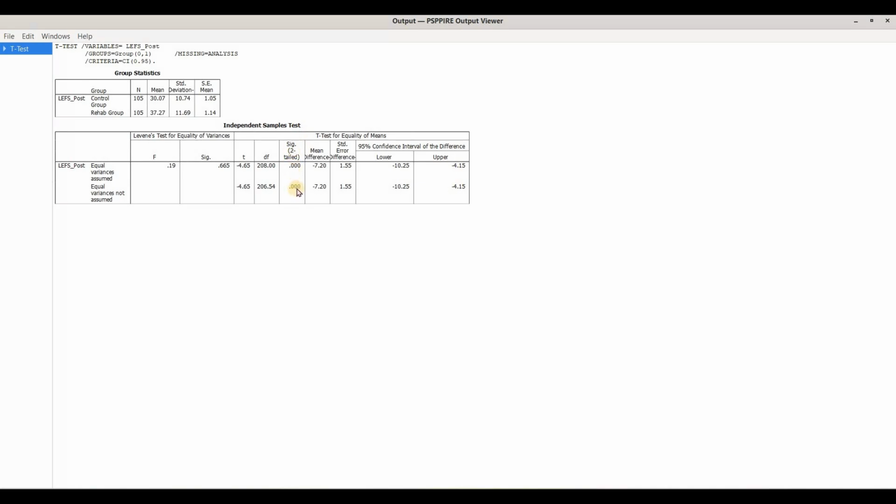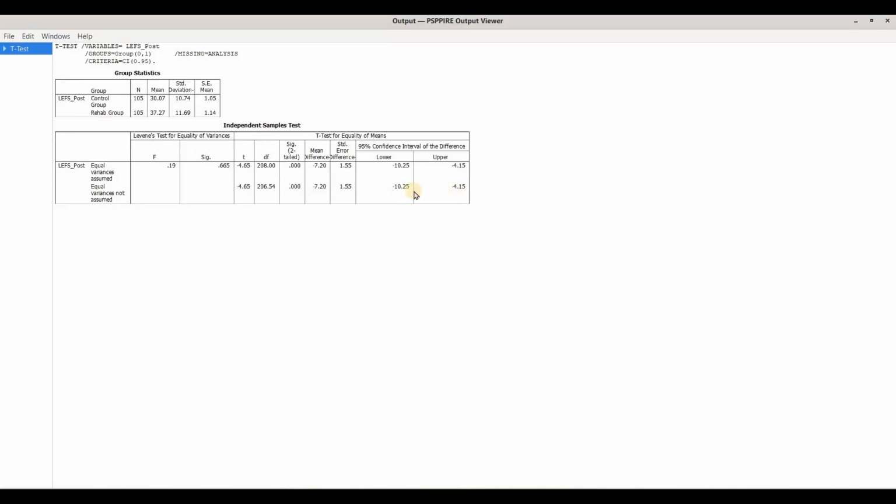Here, it shows us that the p-value in the two tails, for this t-value of minus 4.64, is less than 0.001, which tells us that we reject the null hypothesis, which states that the mean score of the control group is equal to the mean score of the rehab group post-intervention. And here we're looking at the differences, and the mean difference is minus 7.2.